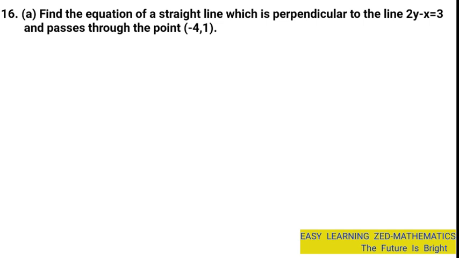So what I'm going to do is use the given equation to find the gradient. I'm going to find the gradient of this equation, and thereafter I'm also going to come up with the gradient of the equation we're going to formulate. First I'm going to make y the subject of the formula.